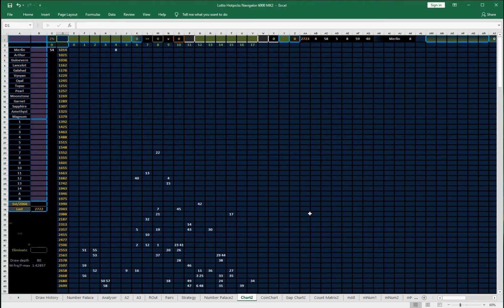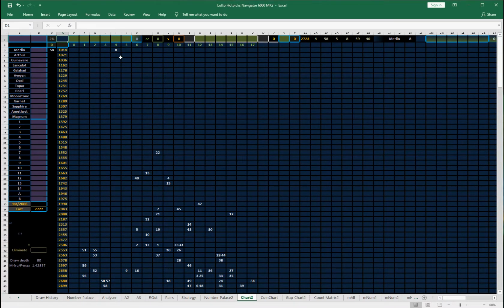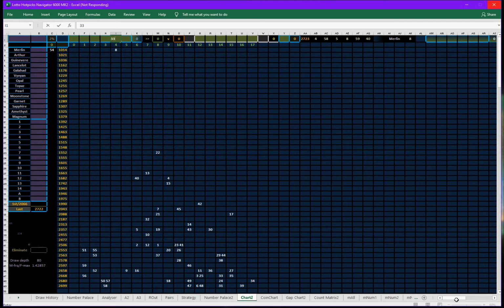But anyway, if we don't filter by order code at all and look at the full draw history, then you should be able to see that 33 and 40 are one of the most frequent pairs.